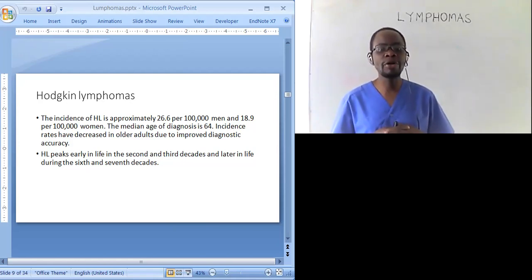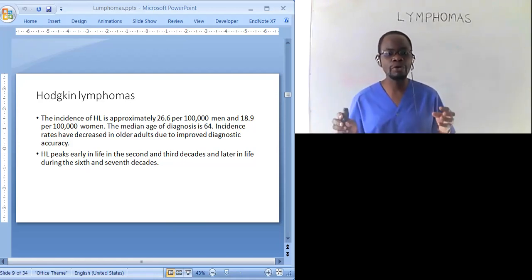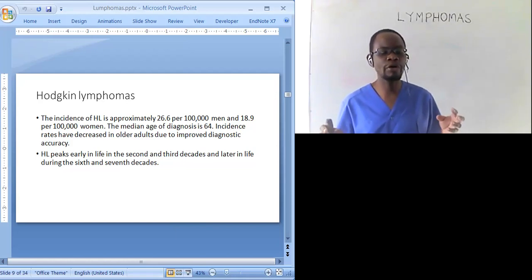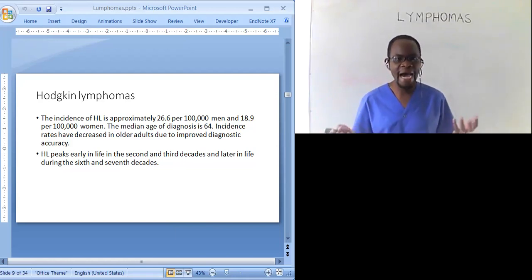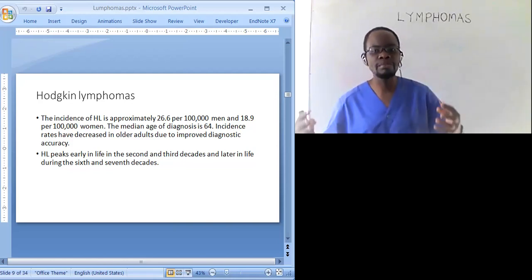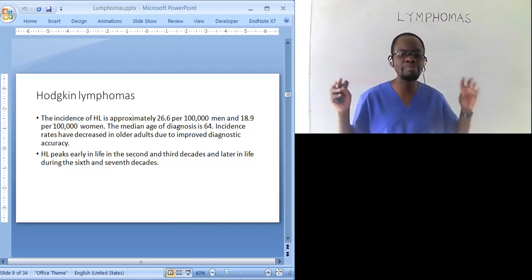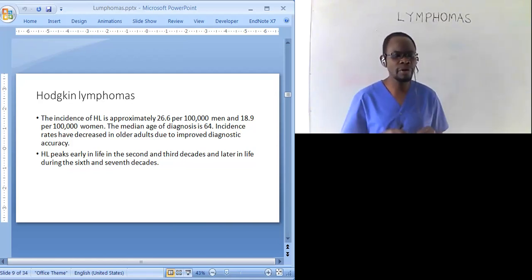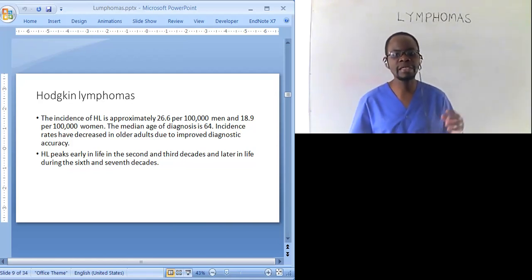However, it might not be diagnosed at that stage. It might be building within, but might not be picked up in the second and third decade of life.